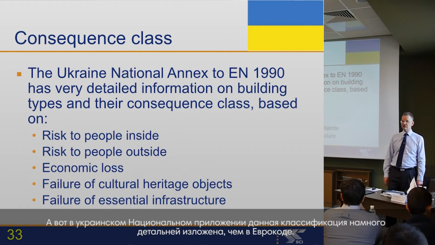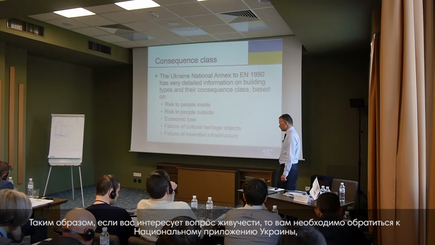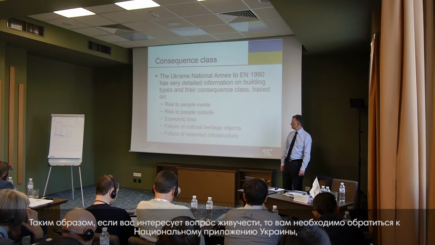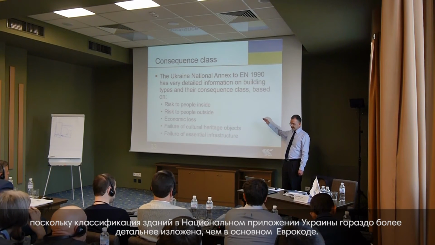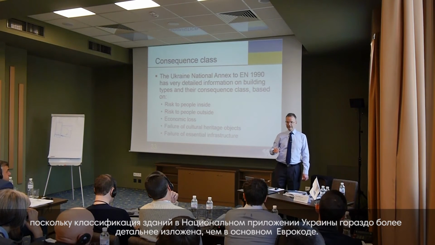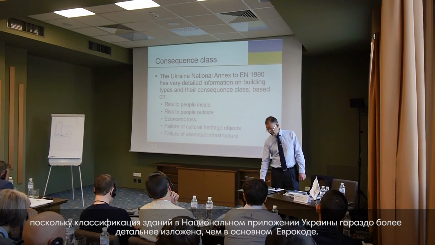The Ukraine National Annex is much, much more detailed than the core Eurocode. So if you are concerned about robustness, you must look in the Ukraine National Annex, because the classification of a building in the Ukraine National Annex is much more detailed than the Eurocode itself.